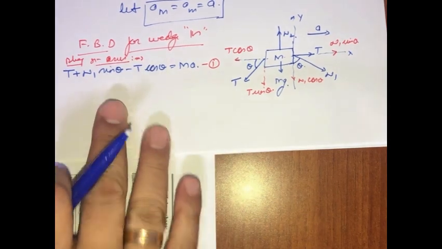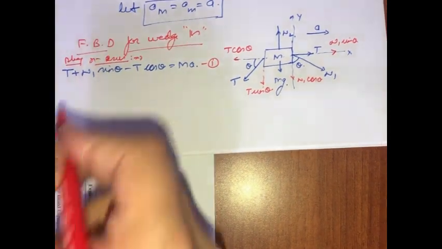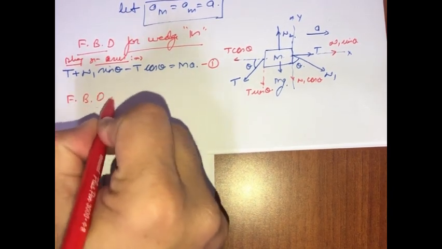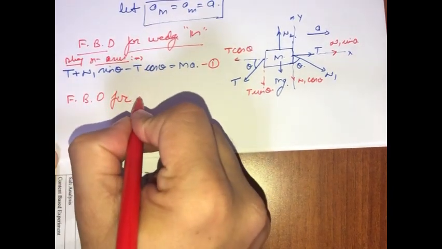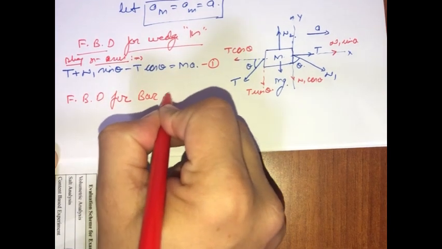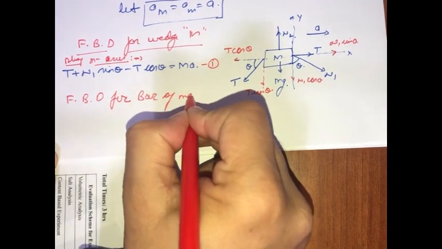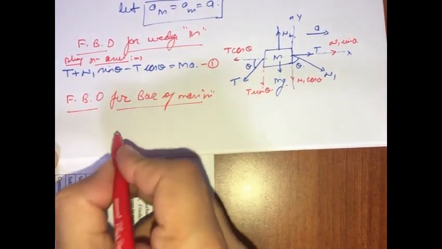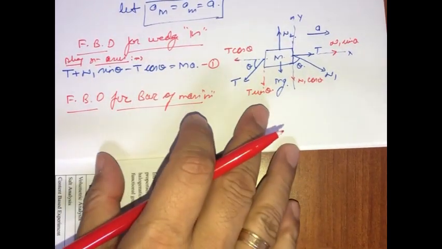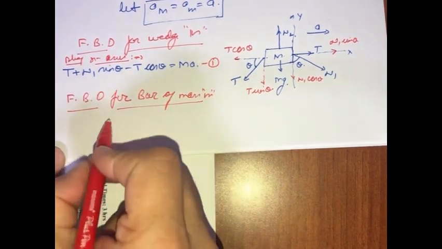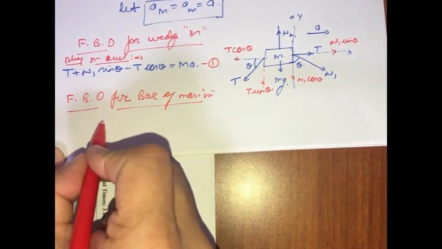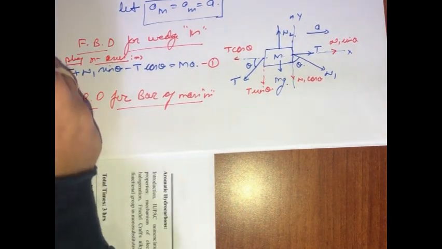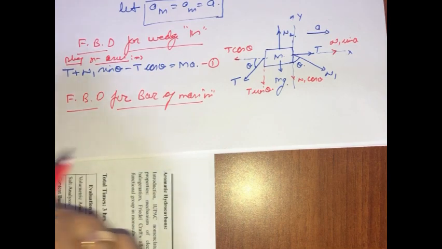So we can draw the free body diagram for bar of mass small m, and just make sure that the forces are acting in the vertical direction.